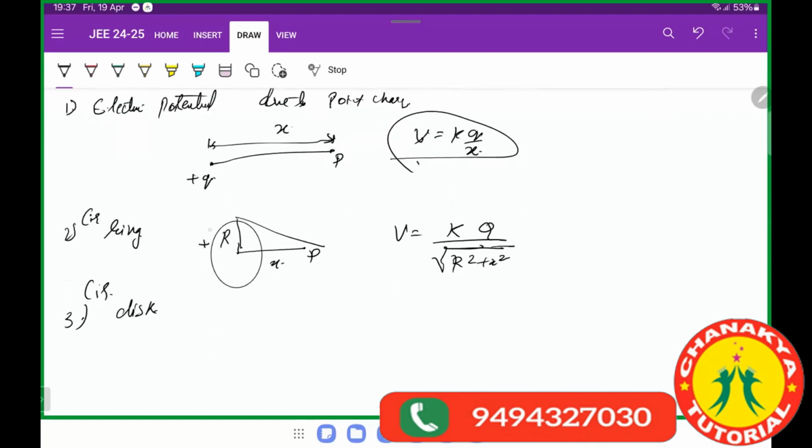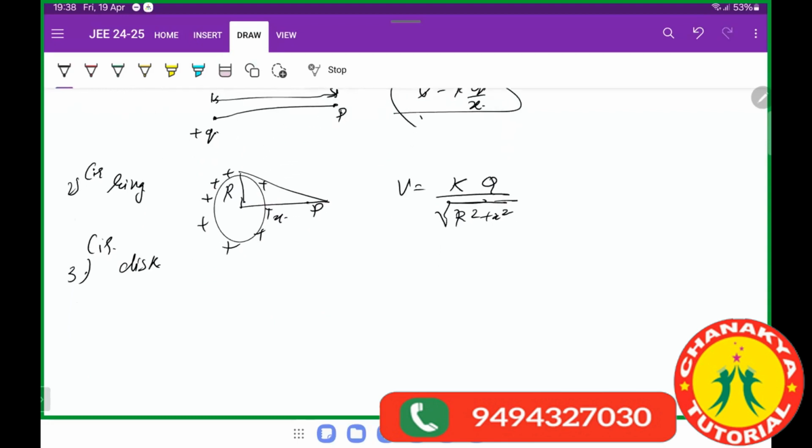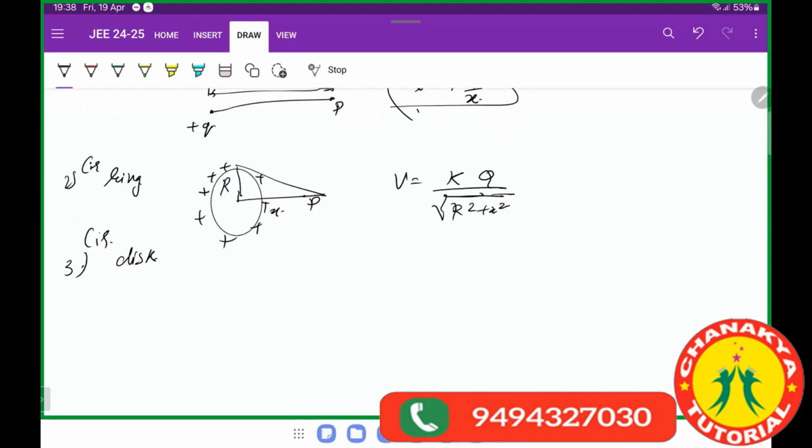A ring means it will be charged on the outside, over the edge. A circular ring means the outer edge, a circular disc means throughout the surface.